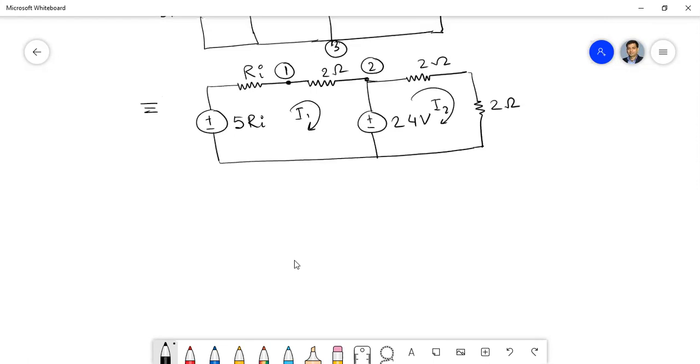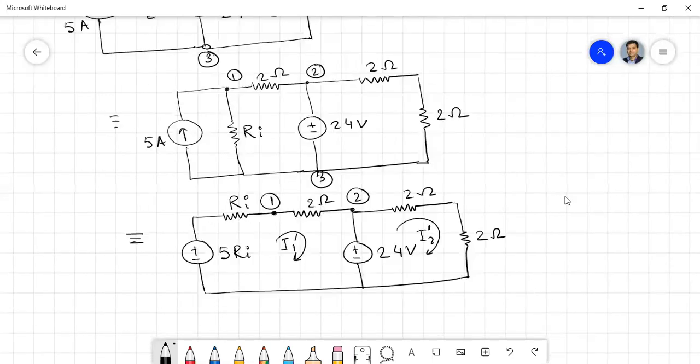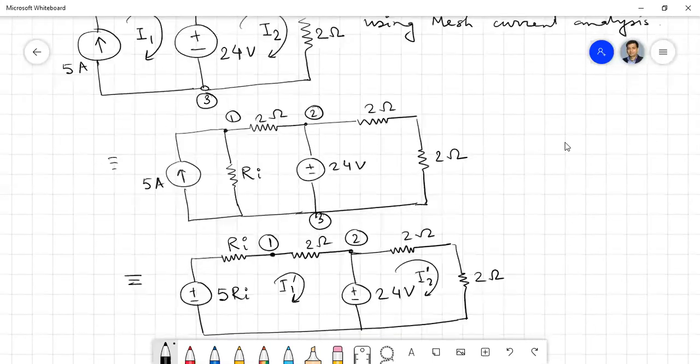So remember, we are not sure that these two loop currents will be same because we have done some transformation. Is that point clear? You just tell me that why we are taking I1 prime and I2 prime.